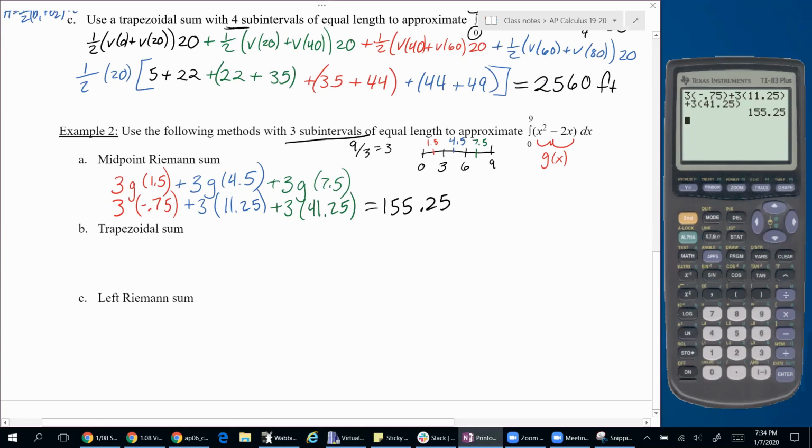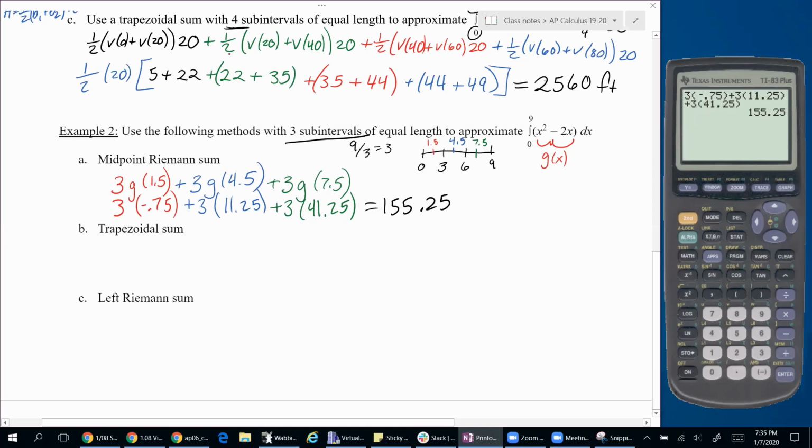Let's compare that to a trapezoidal sum now. We're going to use the same intervals, 0, 3, 6, 9. But now we're going to use our trapezoidal rule. Now I'm going to use a quick shortcut to find our trapezoidal sum. As we saw in the previous question, each trapezoid had the 1/2.